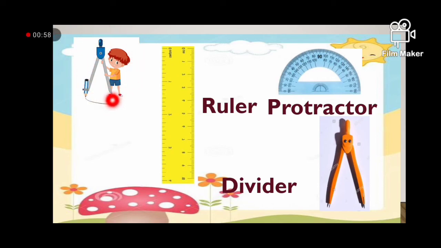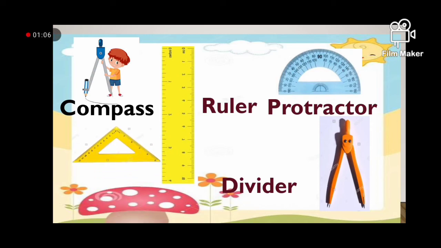We use this instrument. It is called a compass. And this one is called a set square. In our next lecture, inshallah, we will use some of these tools to draw and measure the lines of different types.